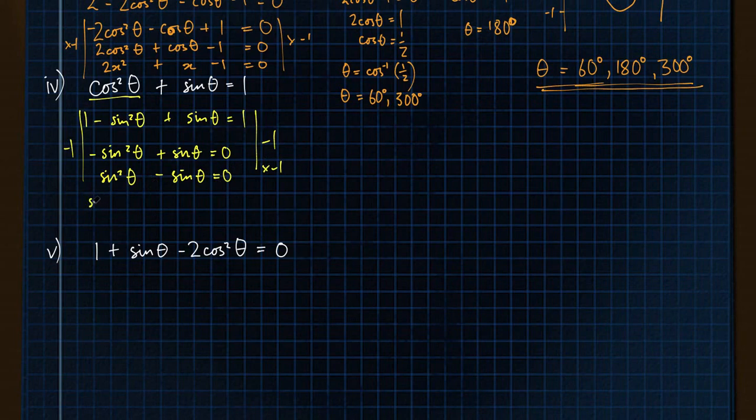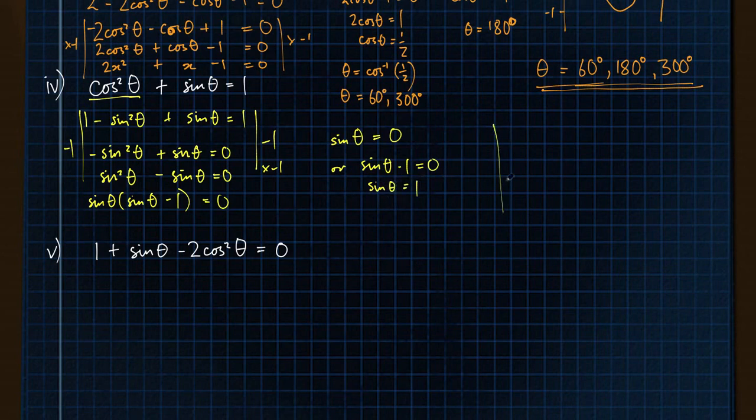I can then factorize this and take sine theta out of brackets so that I've got two things that multiply to make 0. That means that either sine theta equals 0 or sine theta minus 1 equals 0. So sine theta equals 1. Looking at the graph of sine theta, sine theta equals 0 is here, here, and here.